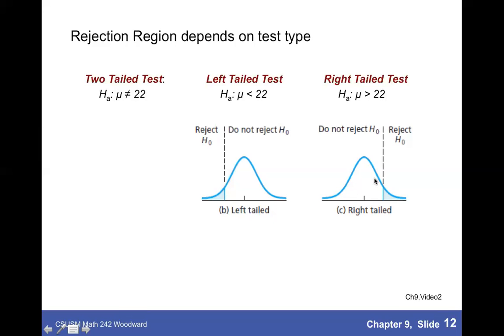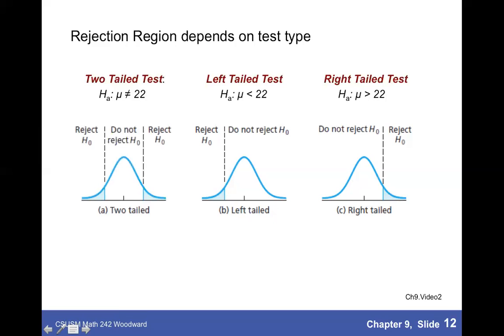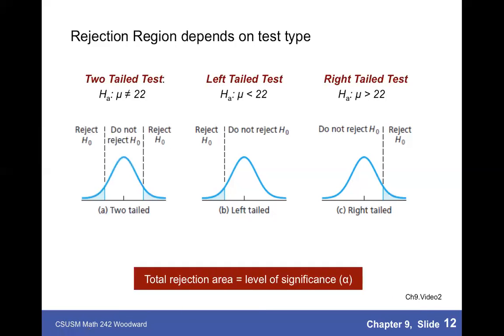The do not reject region is all the way to the left here. The reject region is the right tail. For the two-tail test, you can fail on either the left side or the right side. We still need to know how to draw these dashed lines. And that's going to be shown on the next slide.